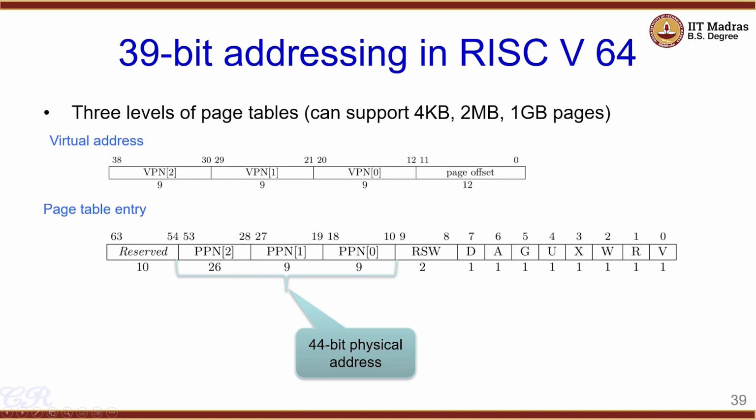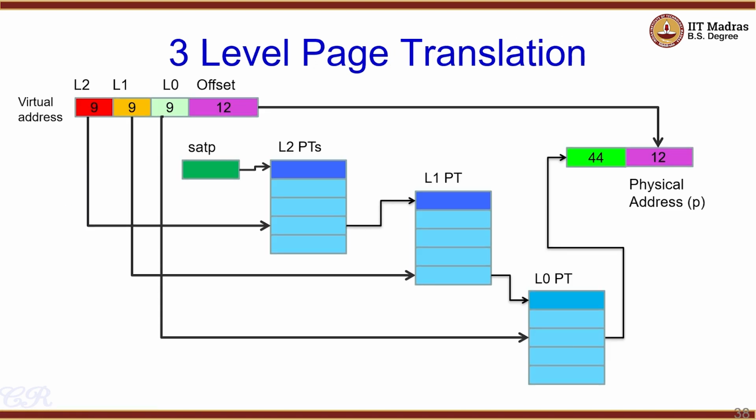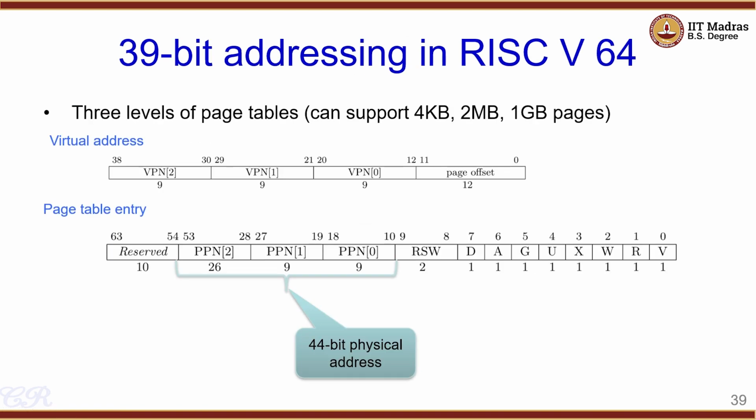So this 64-bit entry is what forms your page table entry in each of the page tables present in the 3 levels. Now these page table entries need to be configured by the operating system. We've already seen that the operating system has some macros to configure the SATP register.